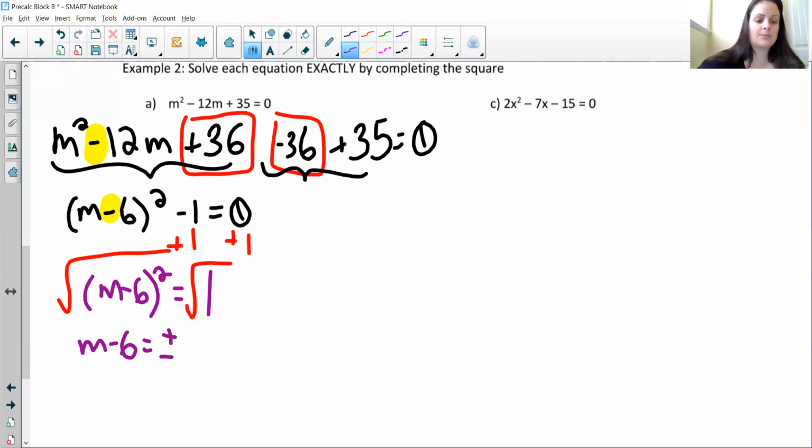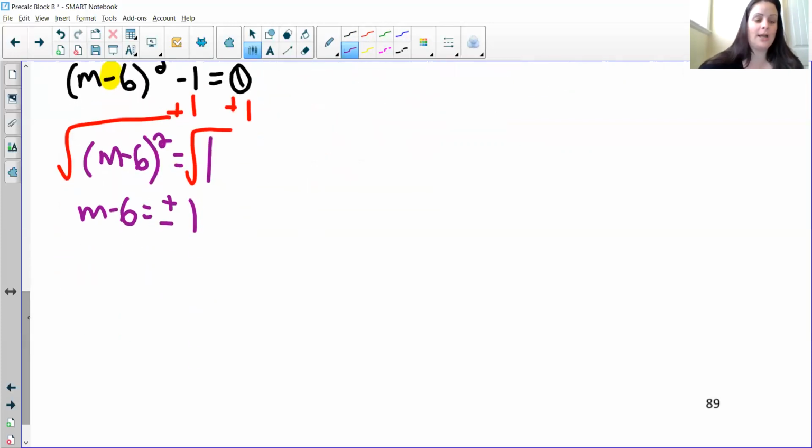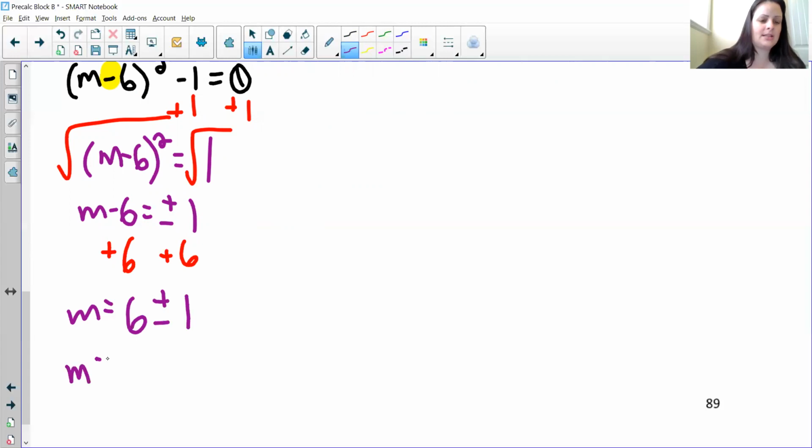And the square root of 1 is positive or negative 1. We're then going to add 6 to both sides. And that means m is going to equal 6 plus or minus 1. So m is going to equal 6 plus 1, which is 7. And it's going to equal 6 minus 1, which is 5.